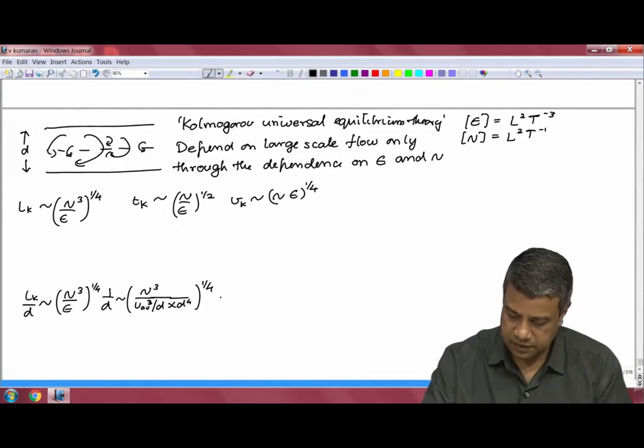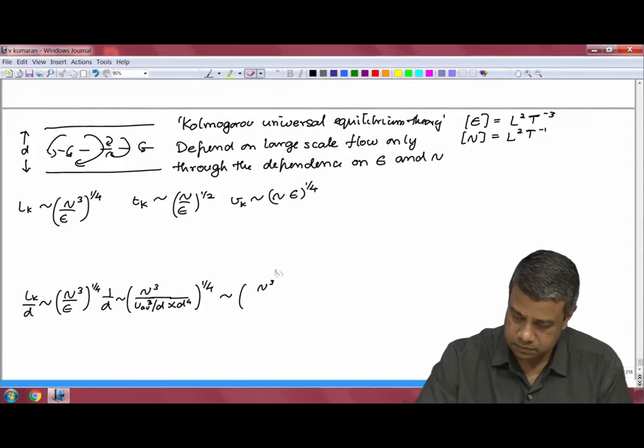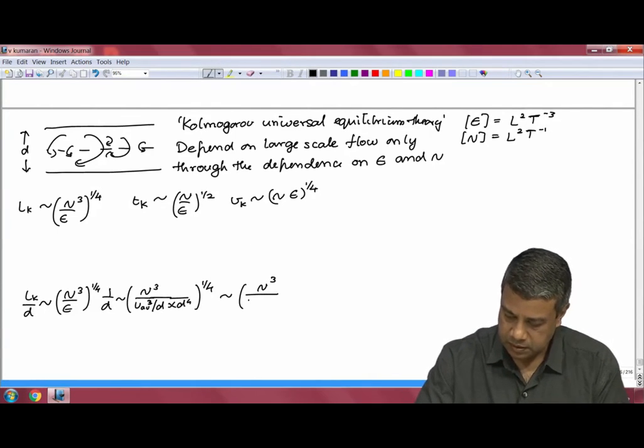And you can easily verify that this is equal to (nu cubed by V average cubed d cubed) whole power 1/4.